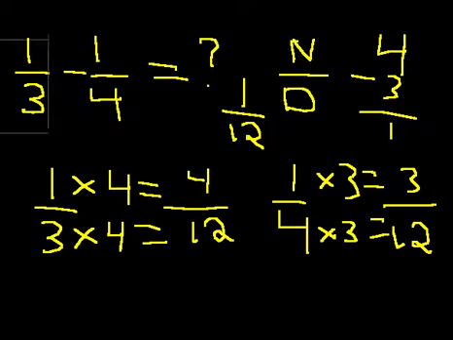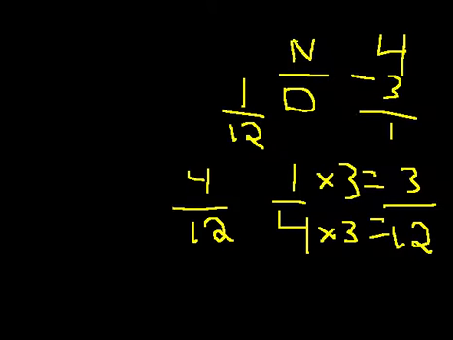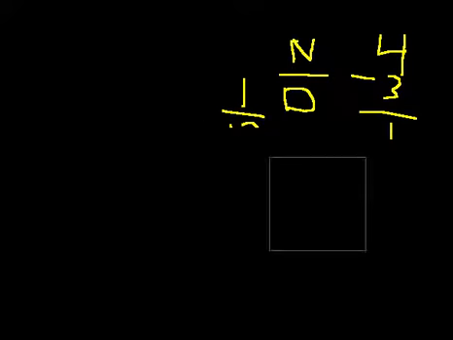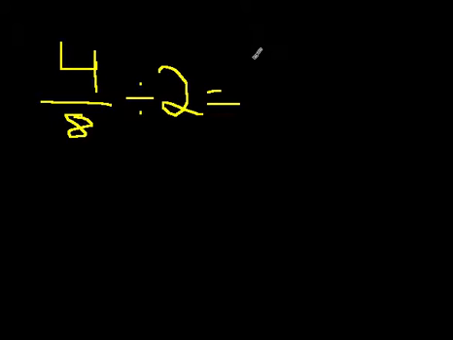But if you had a subtraction problem and the answer to that problem was 4/8 or something like that, you could simplify it by dividing it by 2 equals 2/4.